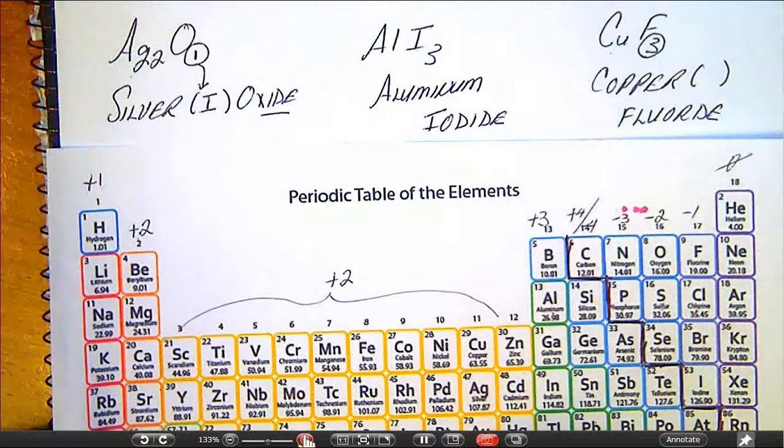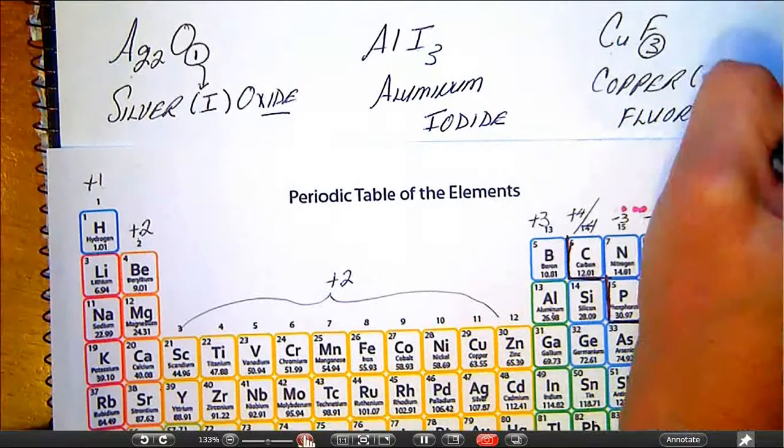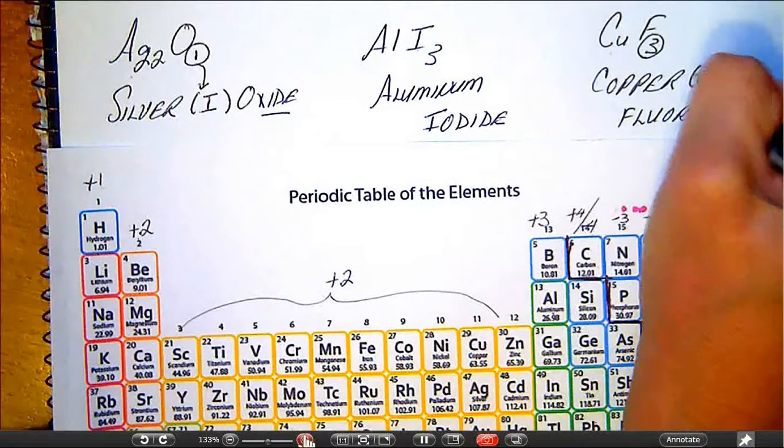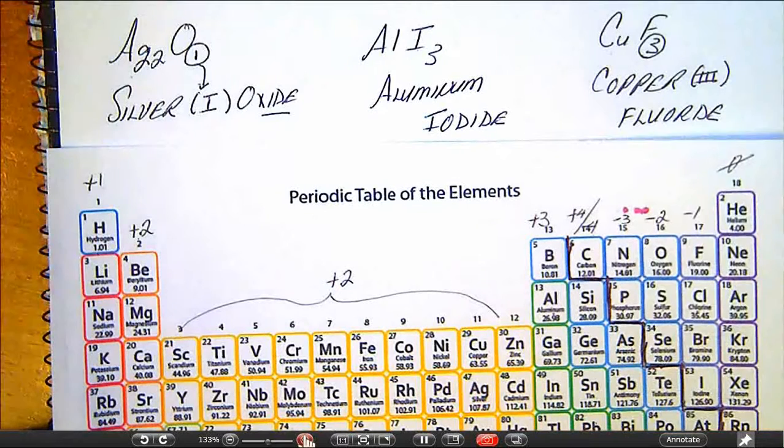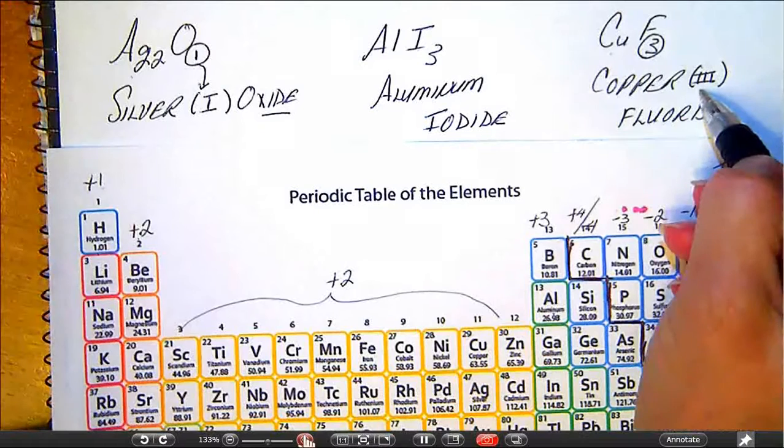That's what we needed for balancing. Copper 3 fluoride. Doesn't get any more difficult than this. The hardest part is remembering to take the time to search to see if you're going to need this Roman numeral or not.